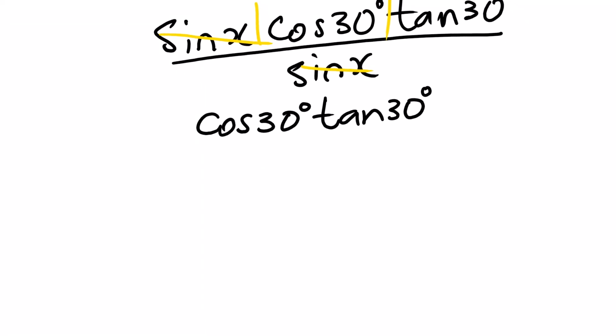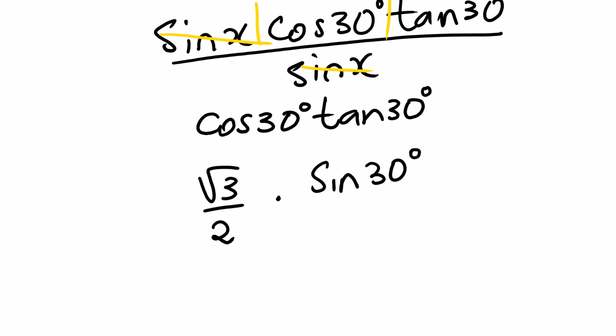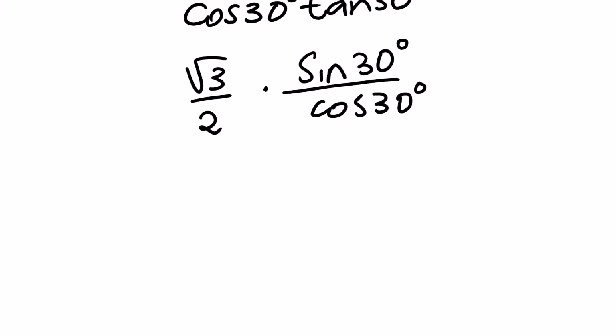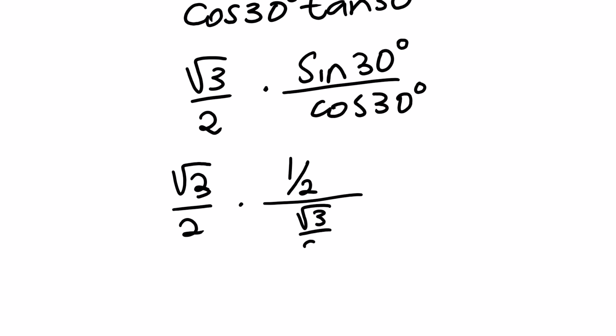Now we know that cos 30 is root 3 over 2 multiplied by, we know that tan 30 is the same as sin 30 over cos 30. You can punch this on the calculator, but we can take it step by step. Square root of 3 over 2 multiplied by sin 30 is 1 over 2, all over cos 30 is root 3 over 2.